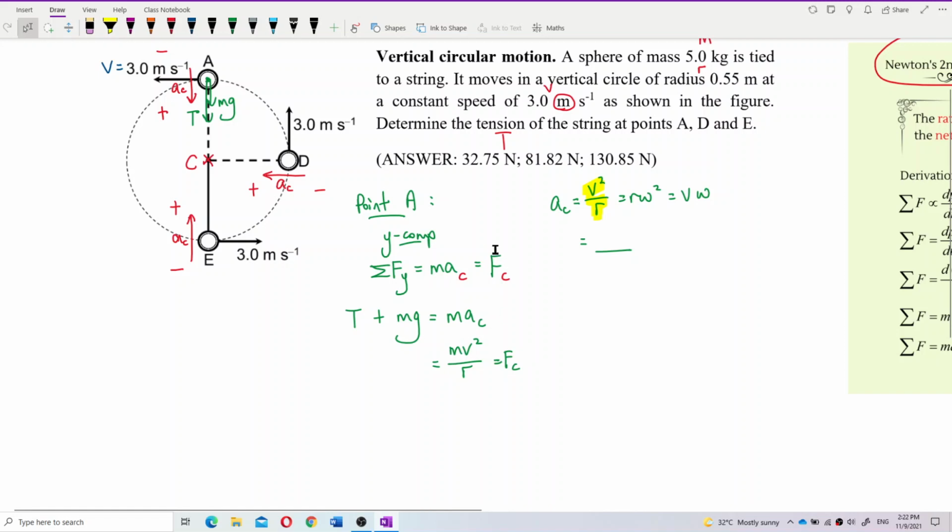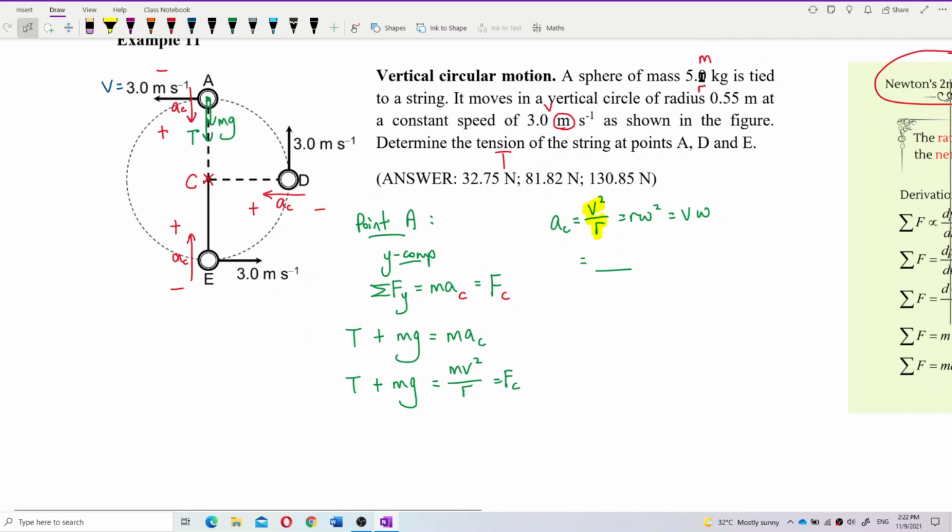Okay, so let's continue. T plus mg equals this one. So let's substitute the given values, the mass, the v, the r, and we can get the tension. So tension plus, what is the mass? 5 kilograms times gravity equals 5 times, what's the v? v is 3.